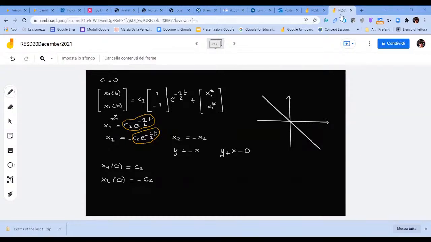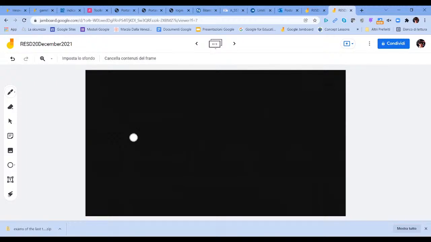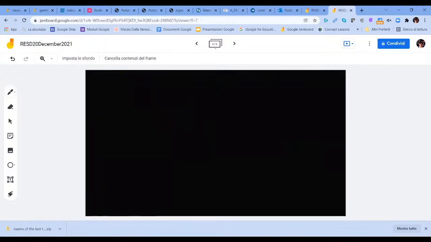Okay, I can try to add another exercise. You can send me the exercise, I add it in the slide, and then I will try to solve it and send it to you. If you put the file in the chat now, I can copy and paste it in the slide, and watch it later.